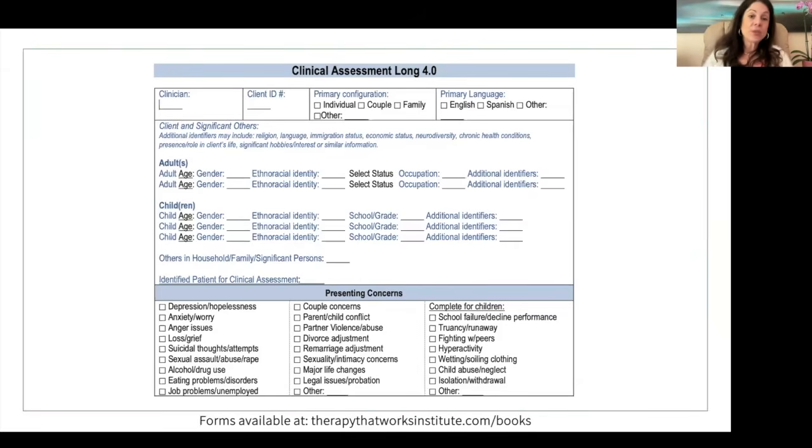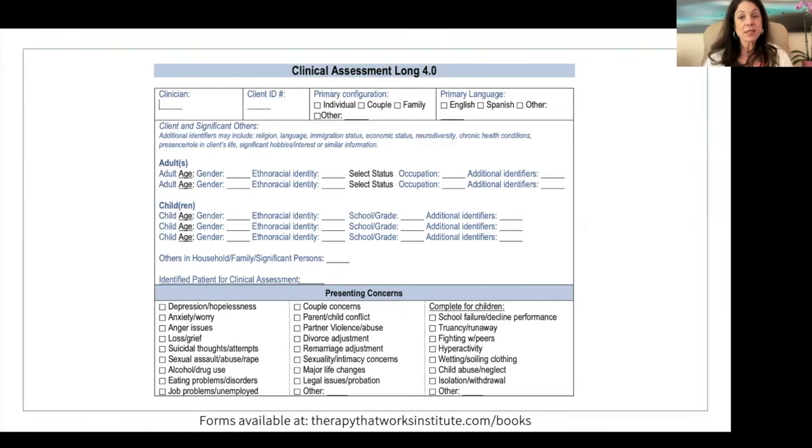And then also with children: age, gender, ethno-racial identity, school, and grade. Identifiers can be things like religion or health issues. But for children, I love to put in their sports and extracurricular activities. You can get a lot of information from that, especially as a supervisor looking over these forms.